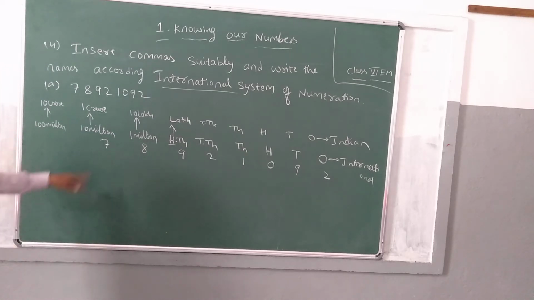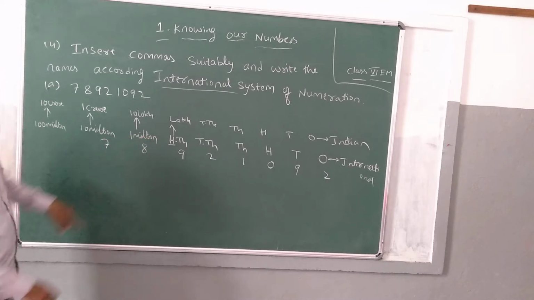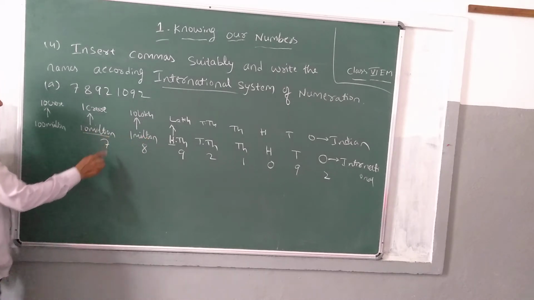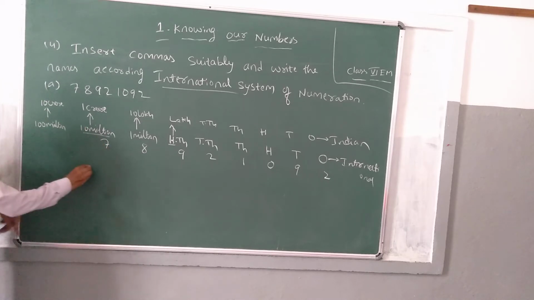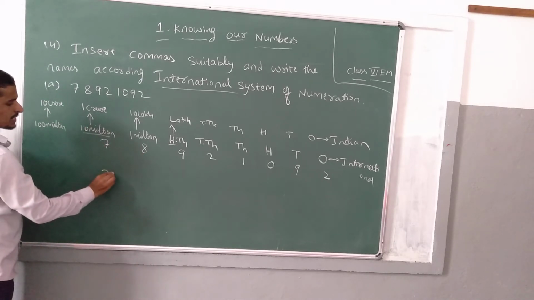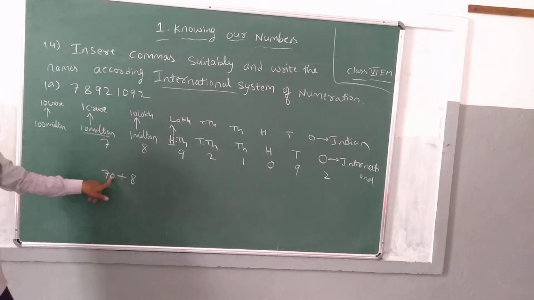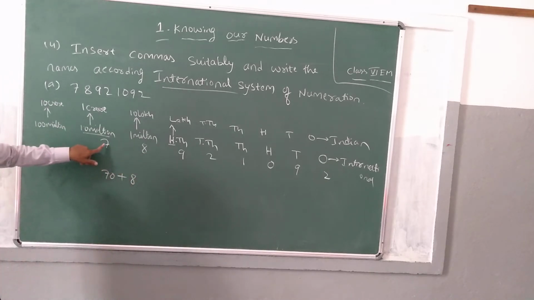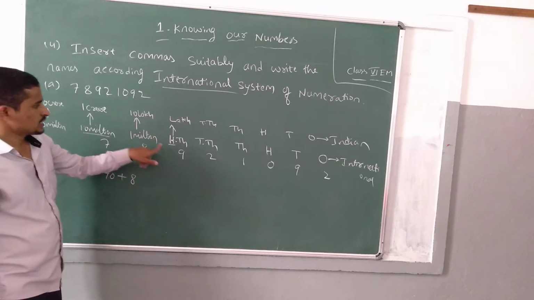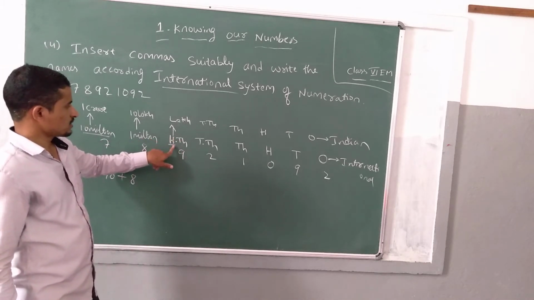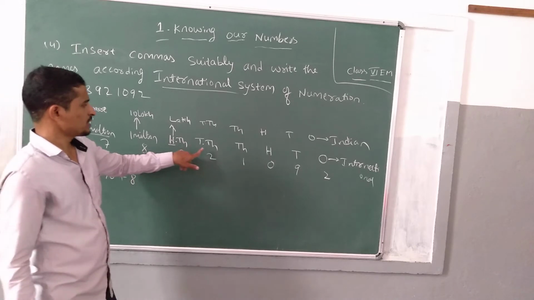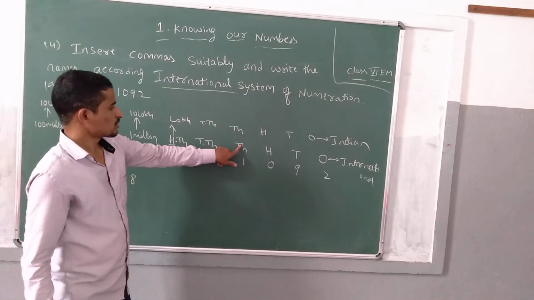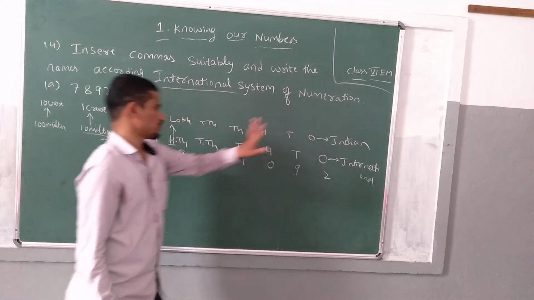Okay. So 78 million. So how many 10 millions here? 7 are there. So 7 times 10 are 70. 78 can be split as 70 plus 8. 70 million plus 8 million, 78 million. Okay. So 78 million 921,092.